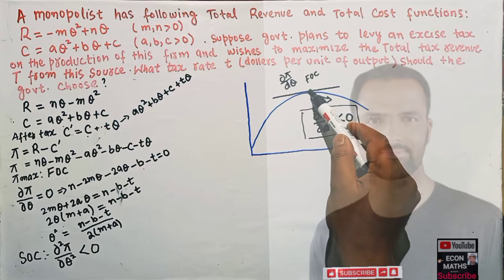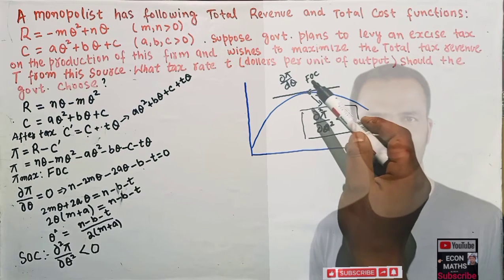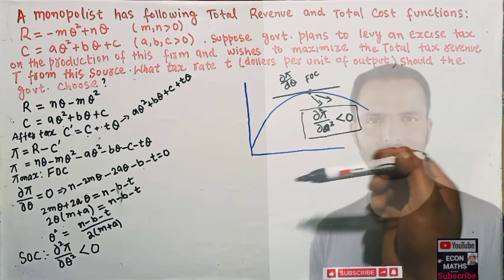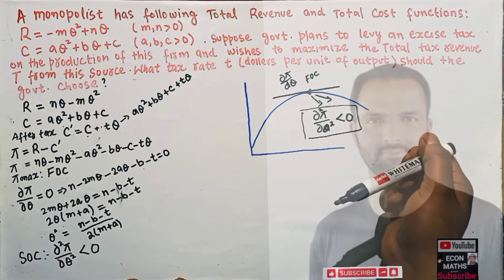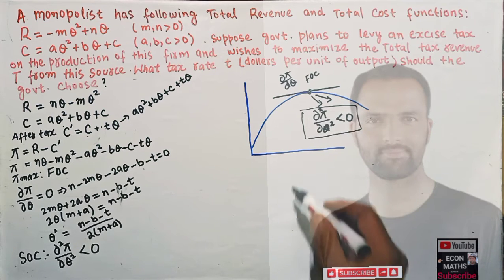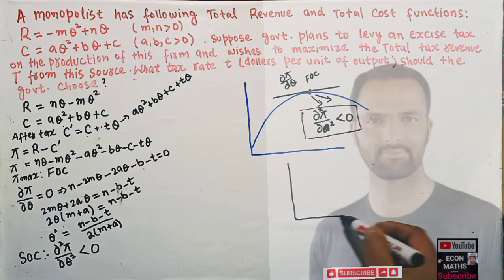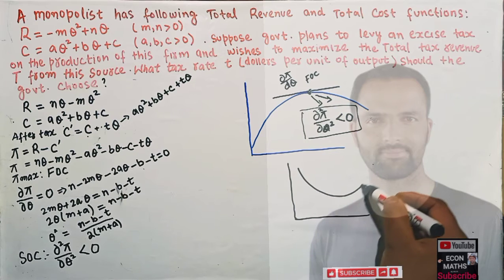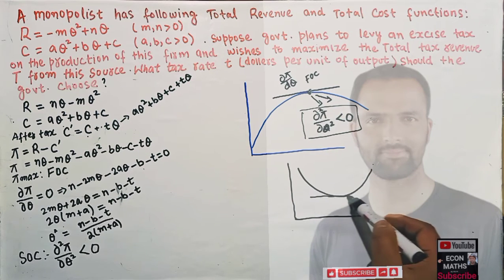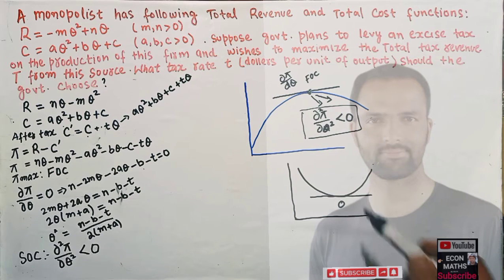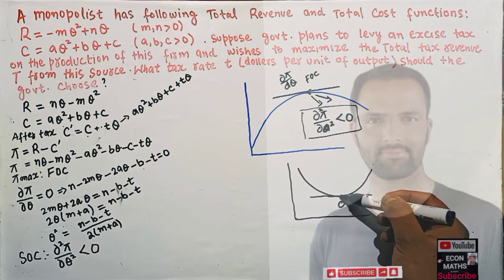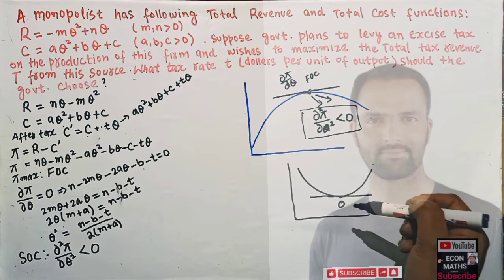At this point the slope is 0. So it is sometimes required to check the second order condition also. This could have been like this also if we have this very function, which is the minimization function. Here the slope is also equal to 0, but we are not sure whether this is the minimum or maximum.